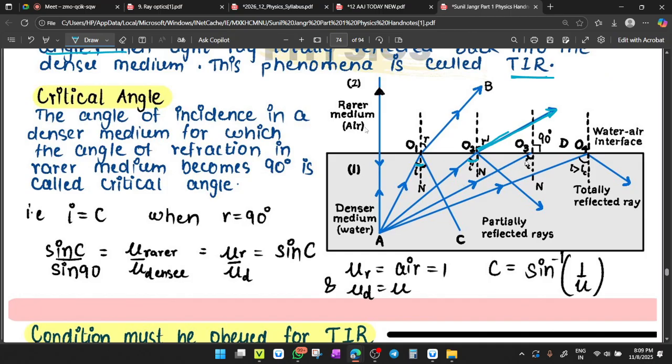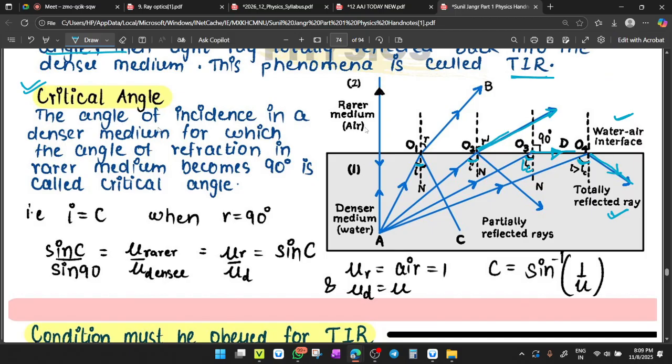When the angle reaches IC, the critical angle, your refracted ray is aligned along the interface. But when your angle of incidence is greater than IC, the ray is reflected back into the same medium from where it was incident, and this is called total internal reflection. Clear or not clear? Yes. Critical angle.